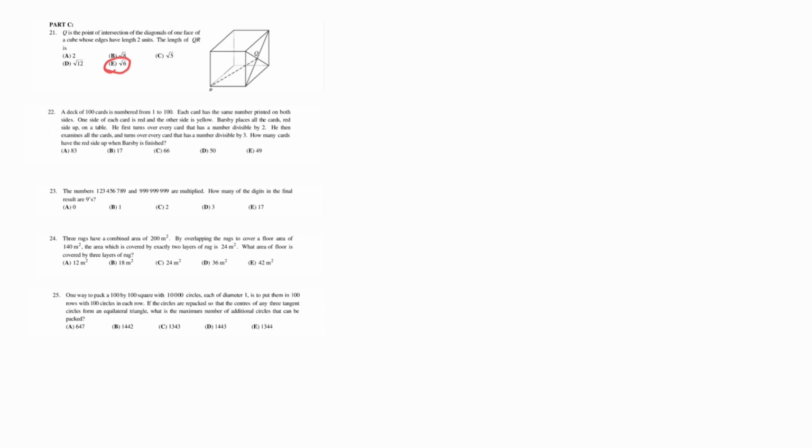He first turns every card that has a number divisible by 2. Then he examines all the cards and turns over every card that has a number divisible by 3. How many cards have the red side up when Barsby is finished?